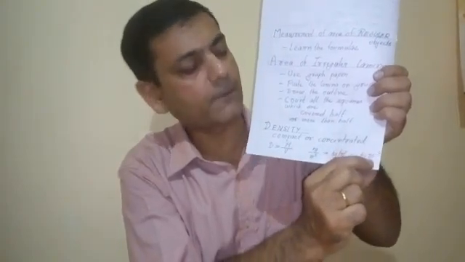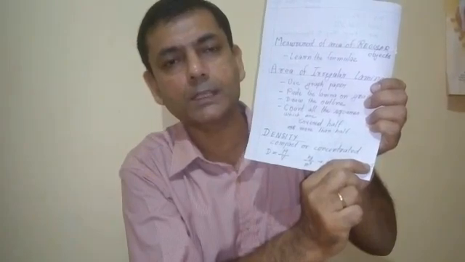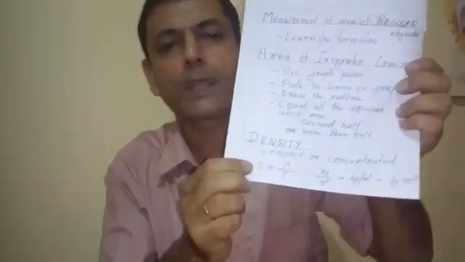So the SI unit of density will be kilogram divided by meter cube, which we can write like this, or using index form we can even write kg times meter to the power minus 3. So either kilogram per meter cube or kg m to the power minus 3. So that will be the SI unit of density.